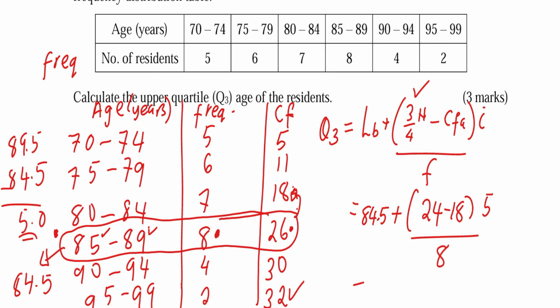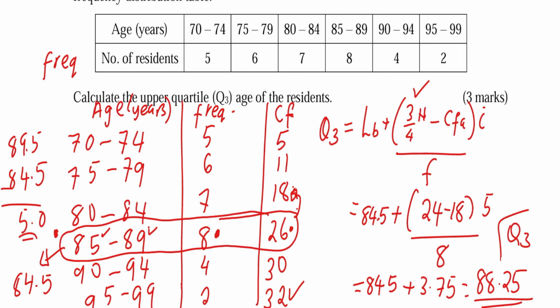So you're just supposed to take 84.5 plus 3.75 to give you 88.25. So this is your upper quartile, or Q3. Done. So yeah, is it hard? No.